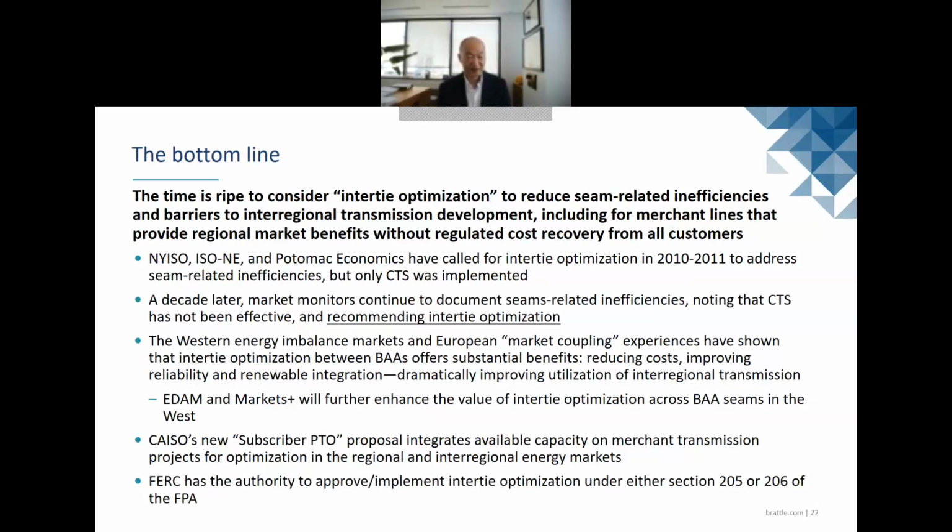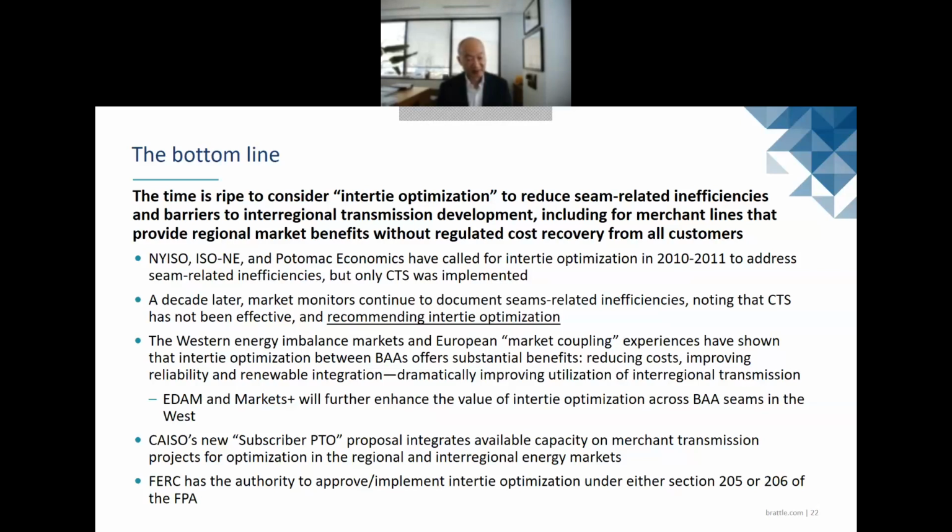And so for a whole host of reasons, we believe that FERC has the record now to use its Section 206 authority and could do a rulemaking, for example, to require the use of intertie optimization across the RTO-ISO markets. So what's the bottom line? The bottom line is that the time is right to consider intertie optimization, that there would be a lot of benefits to that because it would reduce market seams-related inefficiencies and reduce barriers to the development of interregional transmission, especially for merchant lines.